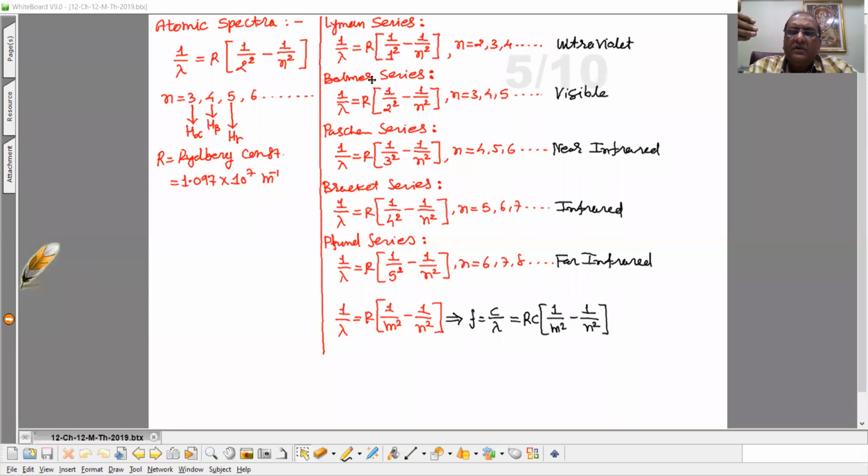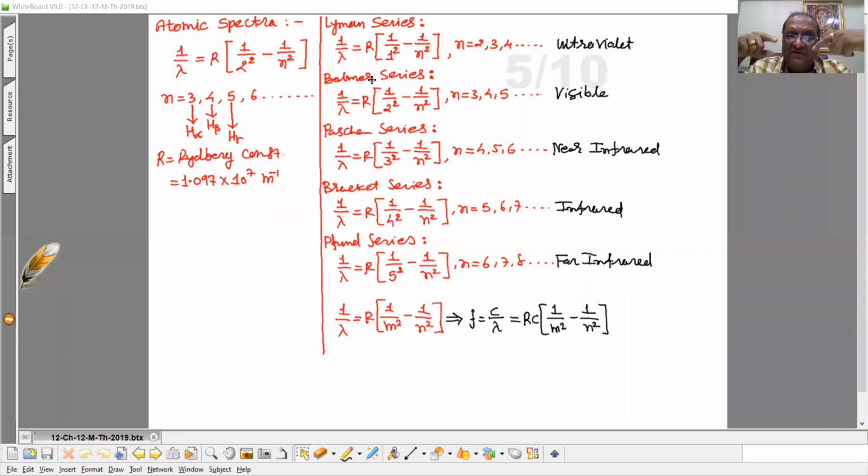postulates. So Bohr's atomic model is based on postulates, and in that he combined classical electrodynamics and the newly developed concept of quantum mechanics. That concept of quanta of energy, the photon, which we studied in chapter 11, dual nature of matter and radiation.